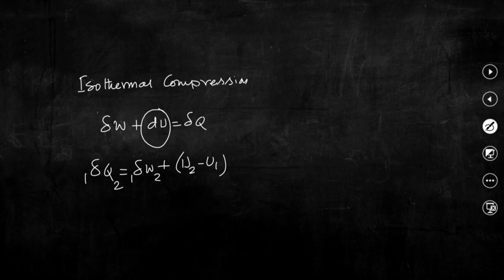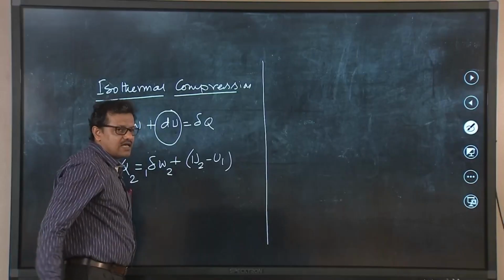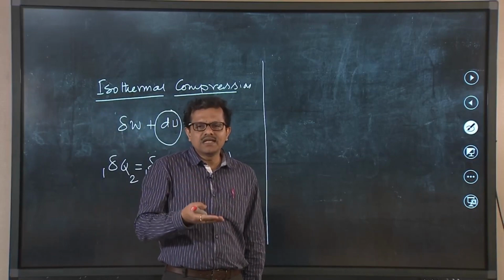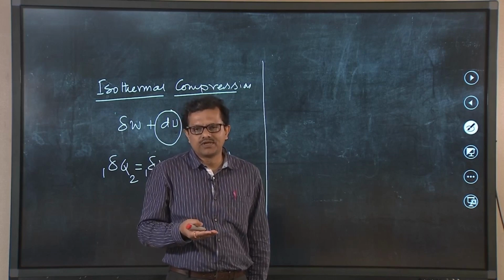Now, we know that for an ideal gas, internal energy and enthalpy are functions of temperature only. In fact, internal energy and enthalpy of an ideal gas are not functions of volume and pressure. So, it is dependent on temperature only. The process is isothermal compression, so we are not allowing the temperature to increase during the compression process of the working fluid.